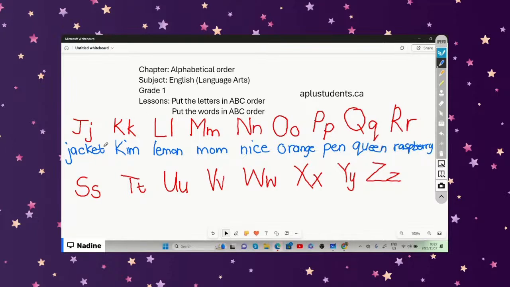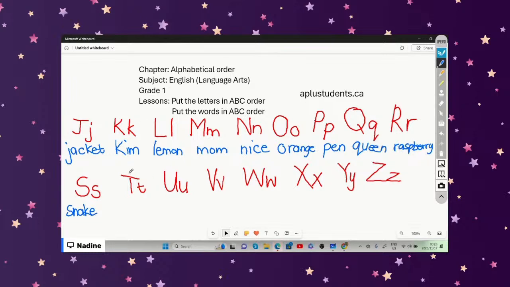Now we're continuing with S. You can say S for snake. We have T. Can be T for time, T for talk, T for tail, or I can say towel.